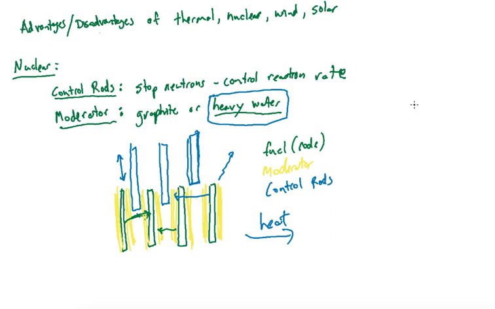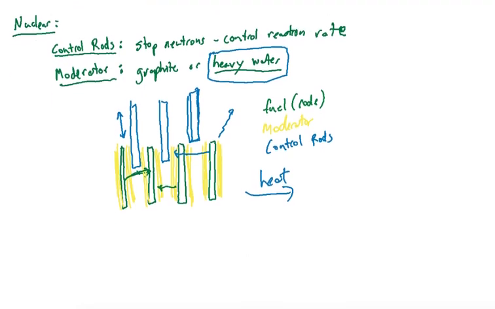But both of these ways are considered to be non-renewable sources of energy. So these are non-renewable energy sources. And what that basically means is that we consume this energy source faster than it's replenished.